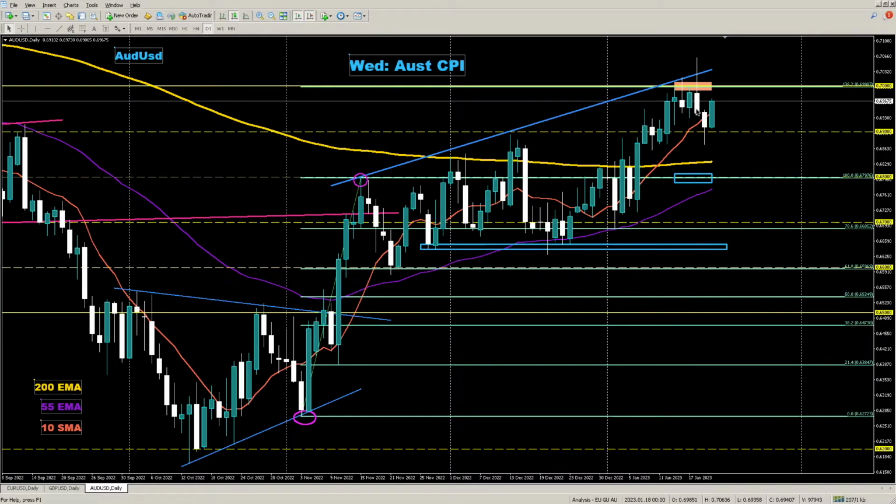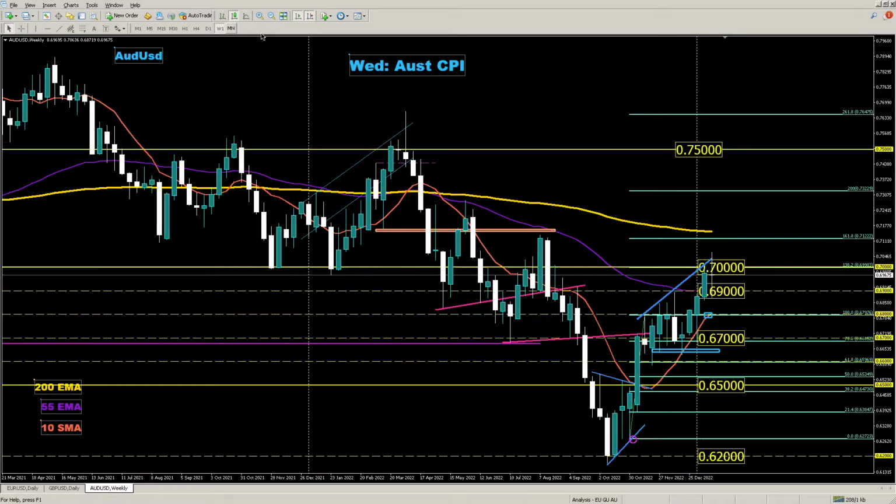So it was rejected. It did climb up to high of 70.63 area before being sold off, and then continued lower into the 69 area before Friday. It managed to recover somewhat.